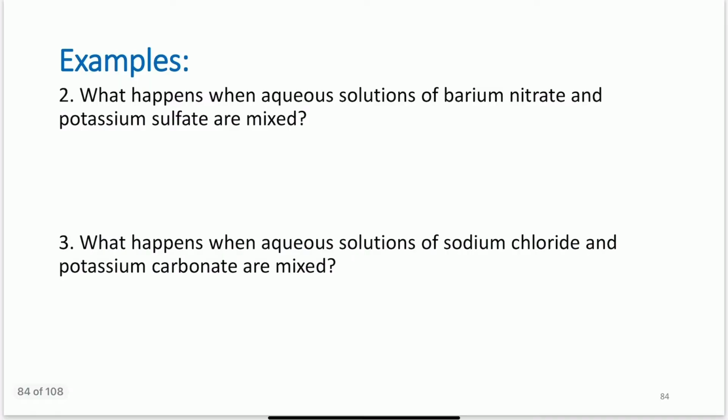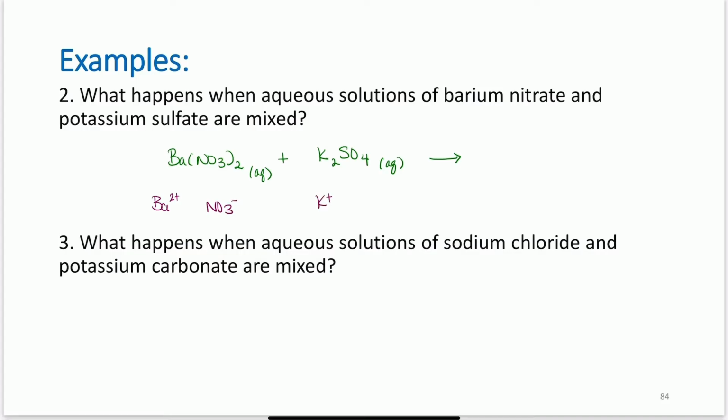Okay. What happens when aqueous solutions of barium nitrate and potassium sulfate are mixed? Well, let's think about this. We've got barium nitrate and potassium sulfate. Barium nitrate, soluble. Potassium sulfate, soluble. We're going to swap ionic partners here. So I've got Ba2+ and NO3-.